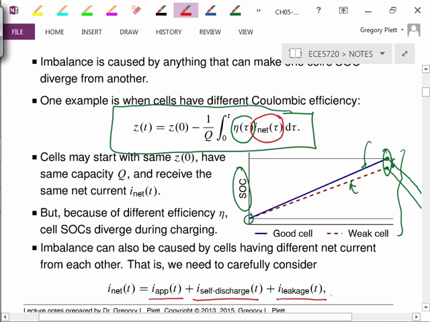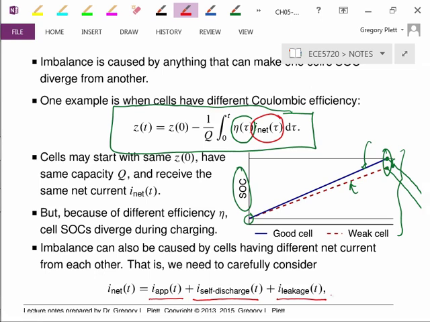Leakage current I'm thinking of as external to the cell, due to the electronics or the wiring, the packaging that the cell lives in inside of the battery pack, whereas self-discharge is something internal to the cell because of some chemical side reaction processes, or maybe a separator between the electrodes that's becoming thin in one cell and is becoming low resistance in some spot, or something like that.